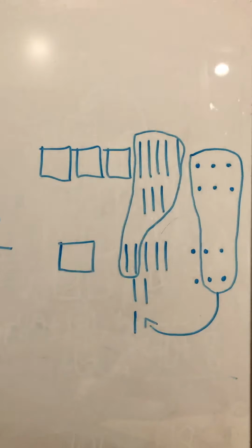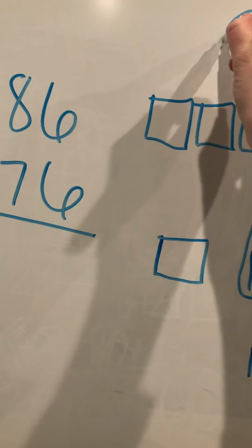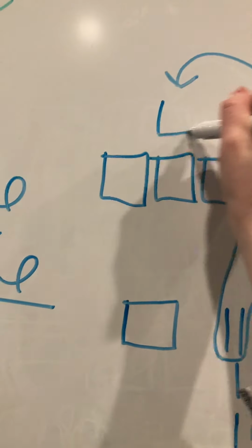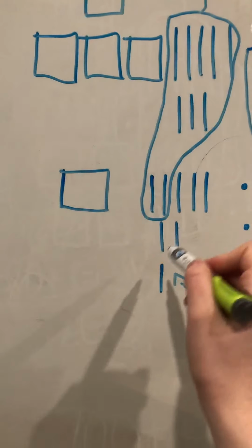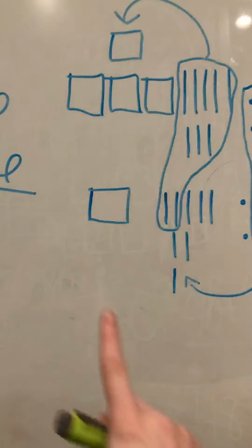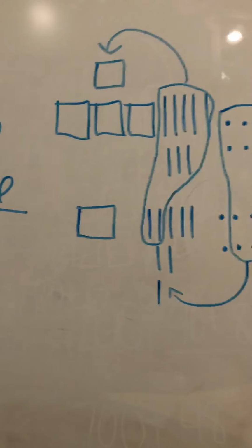We're going to group them. And then we're going to move it on over, because we know that 10 10s is equal to 100. And that leaves us with 1, 2, 3, 4, 5, 6 10s. And now we have 1, 2, 3, 4, 5 100s.